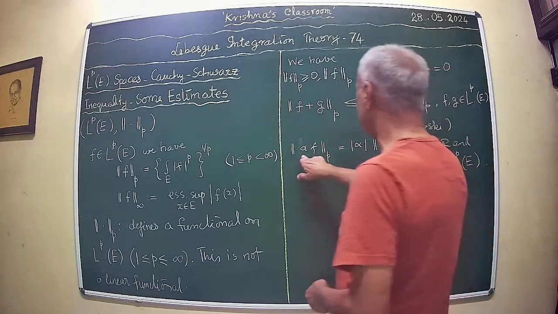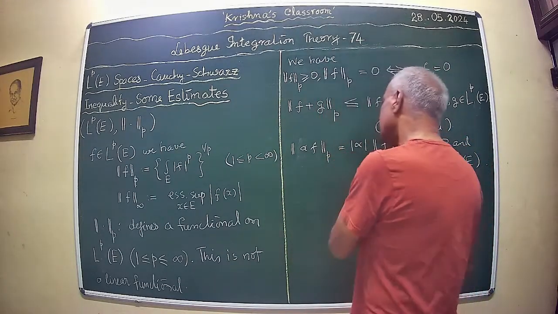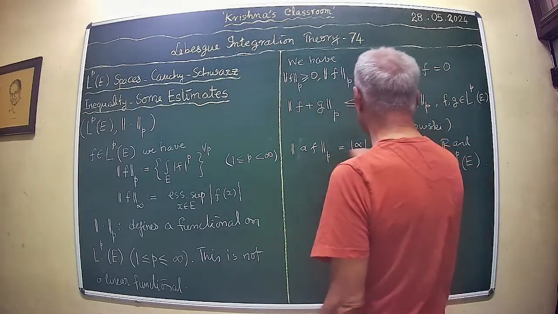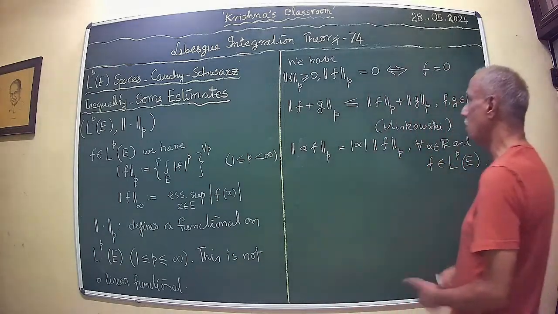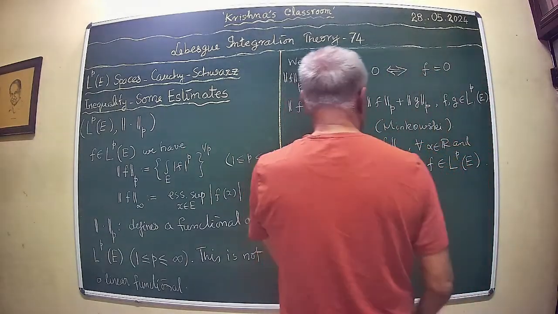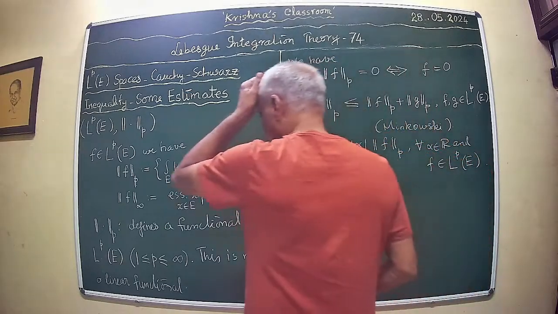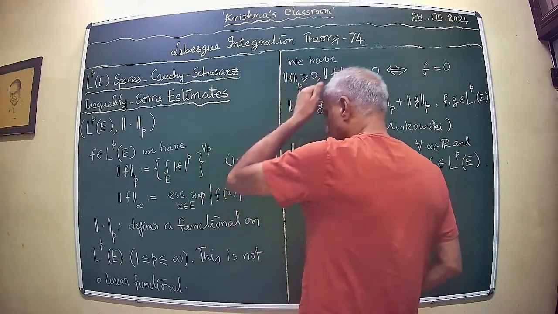What is the norm of the scalar multiple of F, and how is it related to the norm of F? So it satisfies all the three criteria for this functional to be a norm.